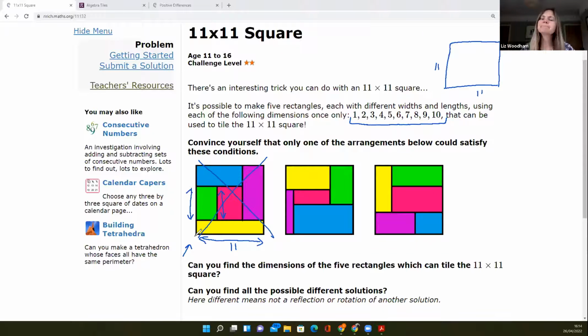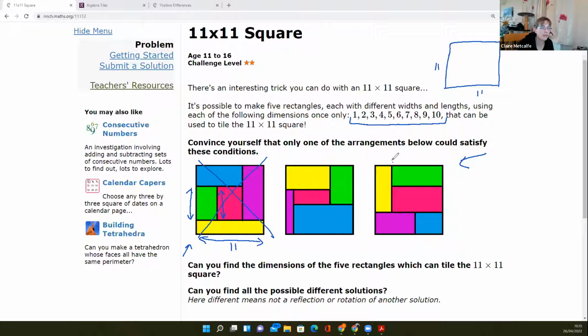Looking at the other 2 pictures, can anyone suggest why one of those is not possible? Okay, so we've got a couple of people suggesting that this one is not possible. Can anyone identify by colour 2 rectangles which are breaking the rules, if you like?